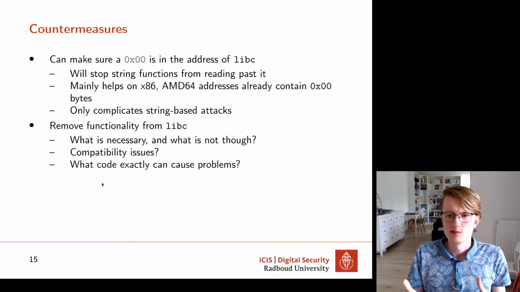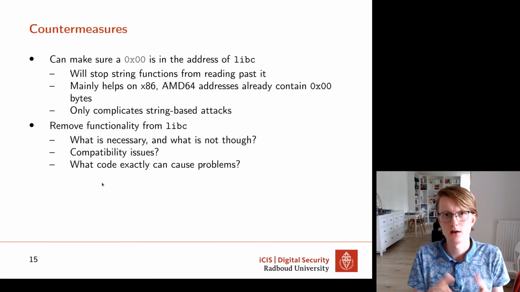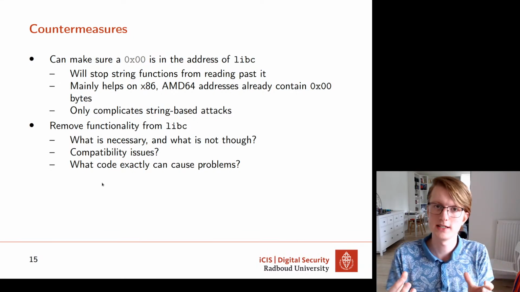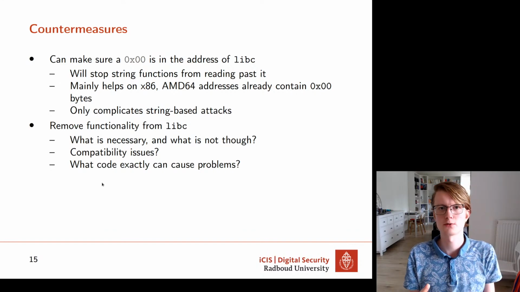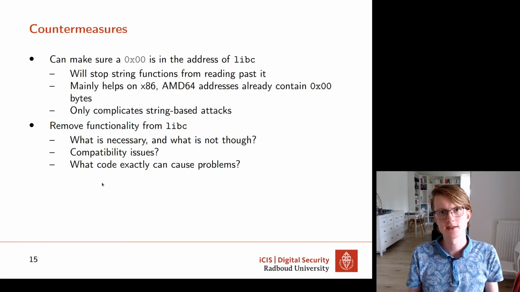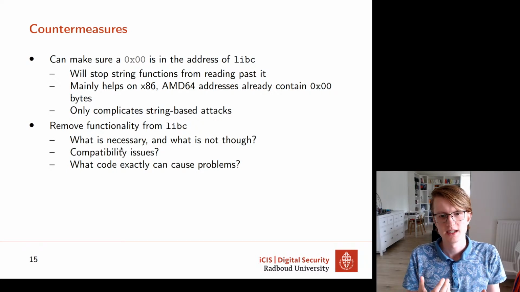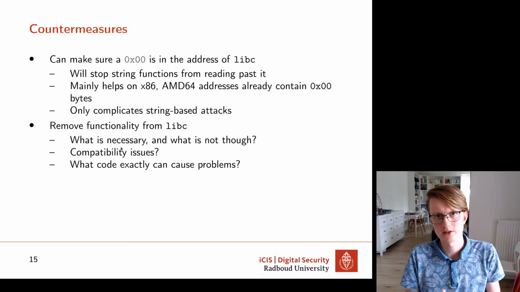The other thing that you might think is a solution is remove functionality from libc. So, for example, take out system, only include the code for system in programs that actually use it, and then you might have code that is more secure because you cannot jump to the address of system anymore.